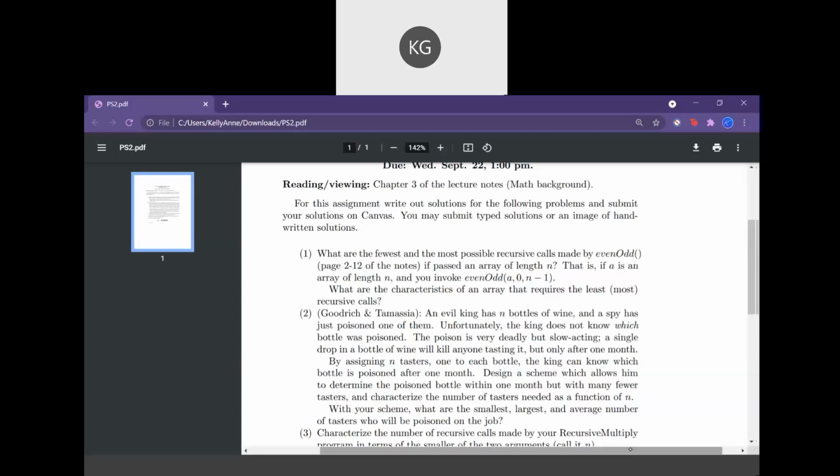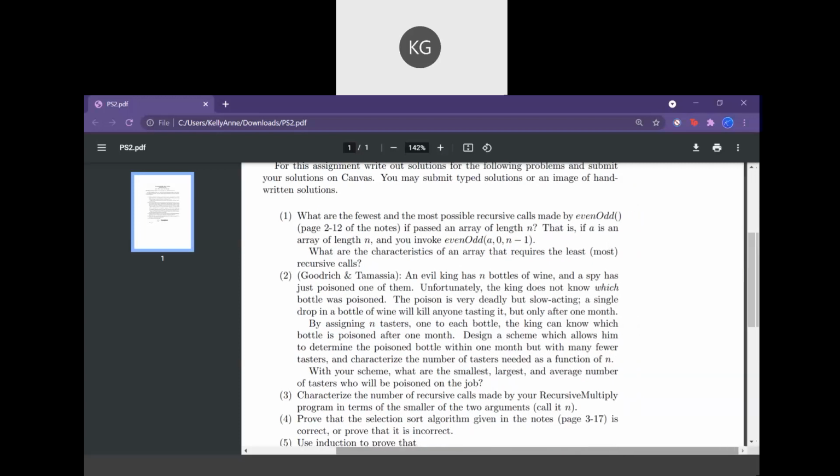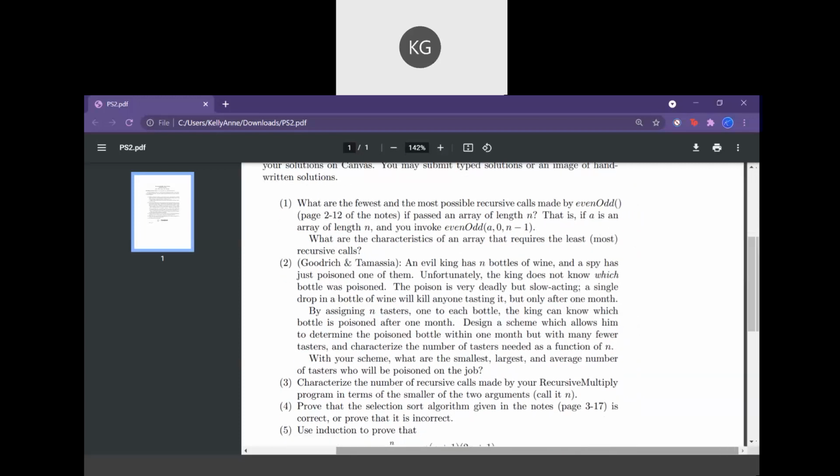Okay, so this is like a logical question. Anybody want to read it? No? Anyway, I'll just read it then. An evil king has n bottles of wine, and a spy has just poisoned one of them. Unfortunately, the king does not know which bottle was poisoned. The poison is very deadly but slow acting.